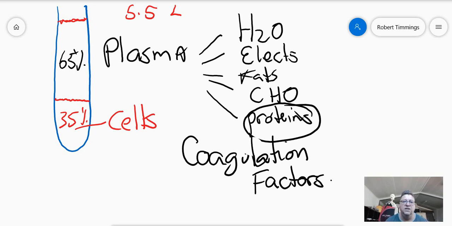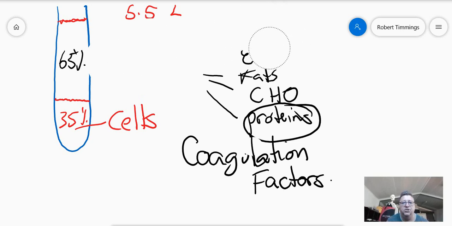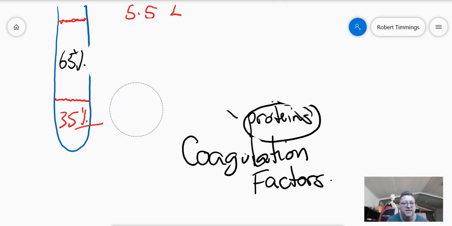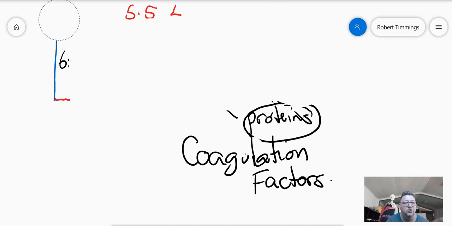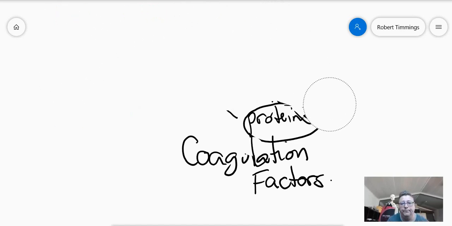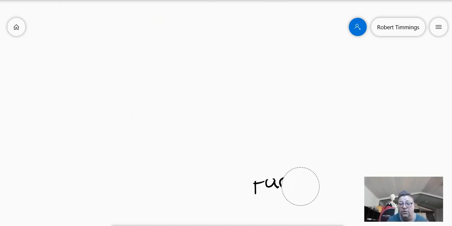And this video is really going to focus on the last steps of that coagulation cascade. So what we're talking about here with coagulation is a function of the plasma. It's not a function of the cells, it's a function of the plasma, and particularly the coagulation factors that are involved in it.